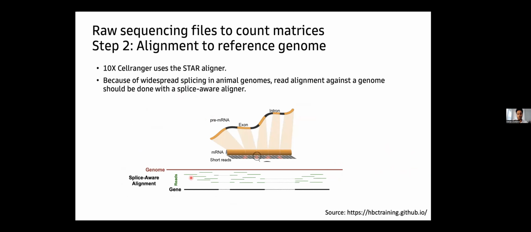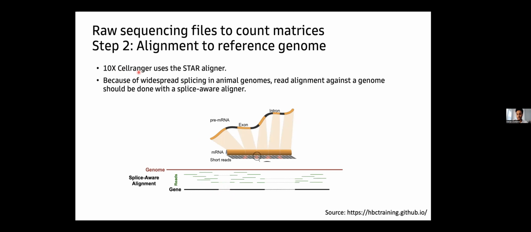What this means is, if the reads come from a gene that is spliced, a portion of the gene sequence is removed before the mRNA is created, and some aligners are able to align a read across splices, and others are not able to do that. Most animal genomes have a high rate of splicing, and so it is recommended to use a splice-aware aligner.